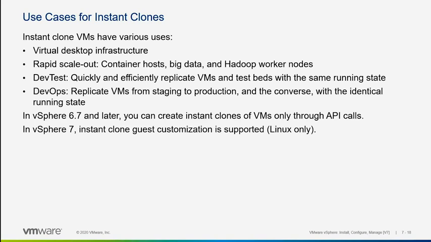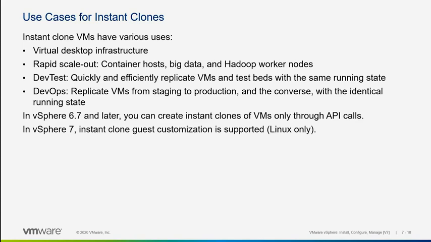But we have use cases including virtual desktop infrastructure, container hosts, big data, Hadoop worker nodes. DevOps has the ability to use this for testing systems very, very quickly without having to wait for an entire clone process to build duplicated virtual disks, and so on.